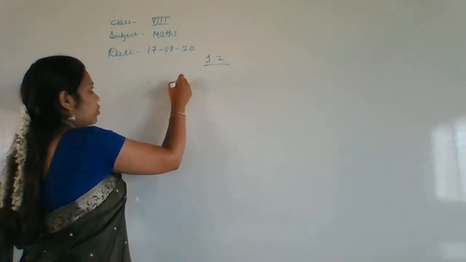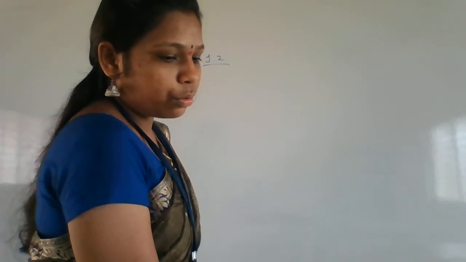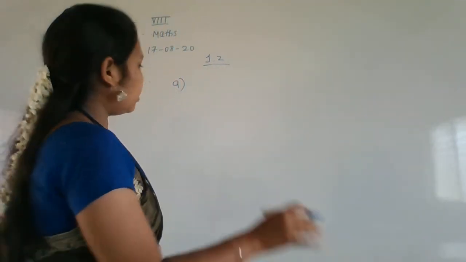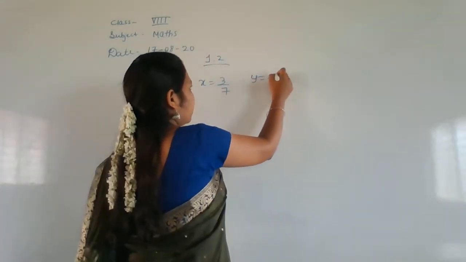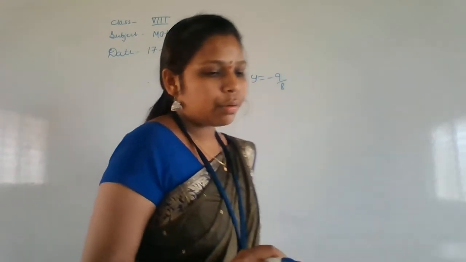What they told us to verify here is x equal to 3 by 7 and y is equal to minus 9 by 8. So you have to verify.